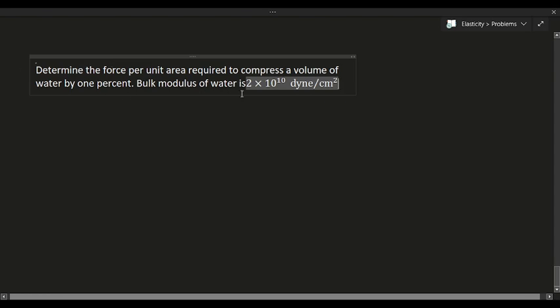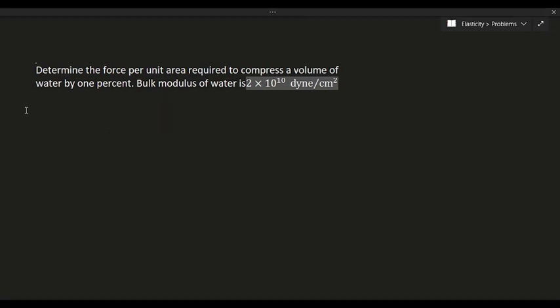Determine the force per unit area required to compress a volume of water by 1%. Bulk modulus is given. Force per unit area means we have to determine stress basically. We simply use the formula for bulk modulus. K is equal to minus dP into the original volume upon dV.